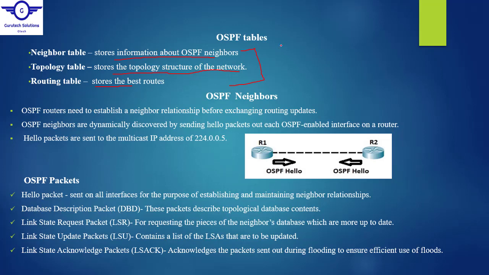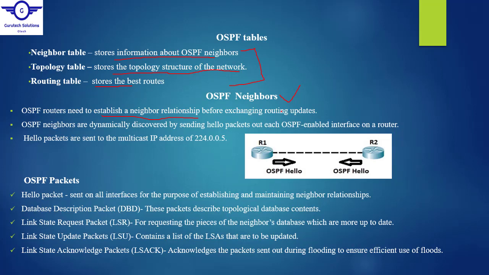OSPF neighbors, very important. OSPF needs to establish a neighborhood or neighbor relationship before exchanging updates. In a network where there are many routers connected to each other, before they can exchange any routing updates, they need to establish neighbor relationship.